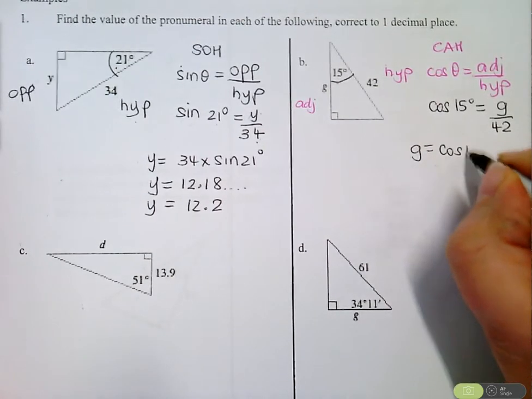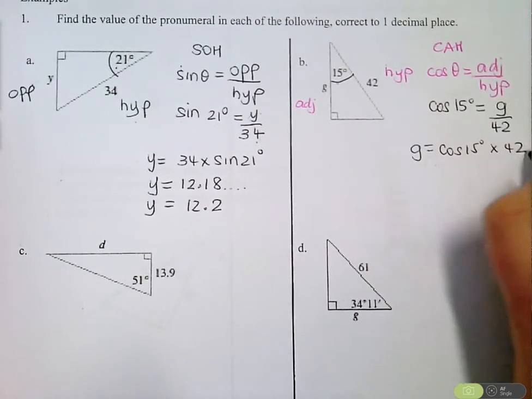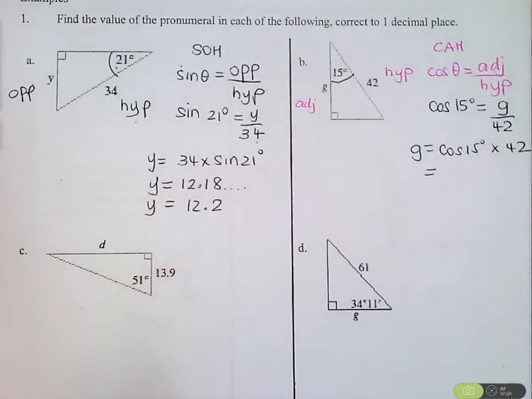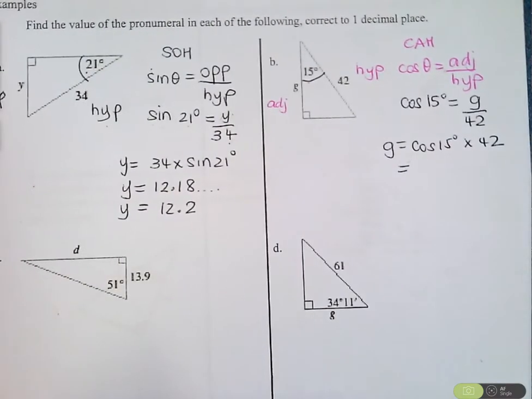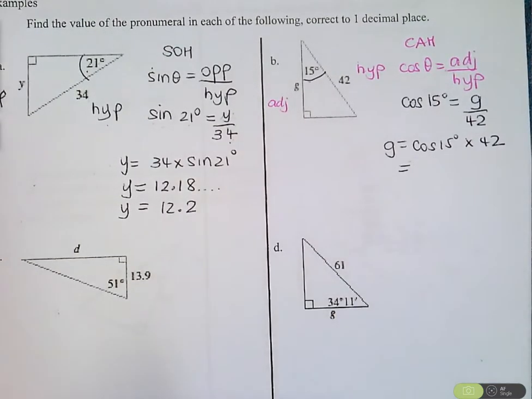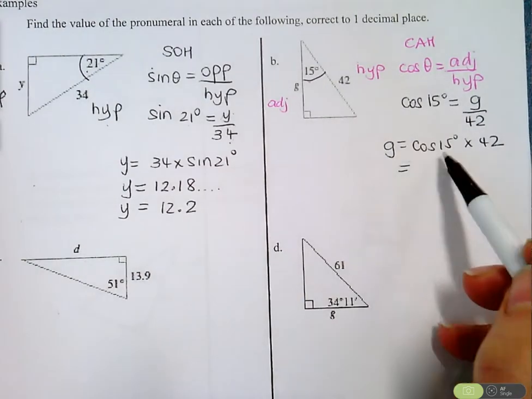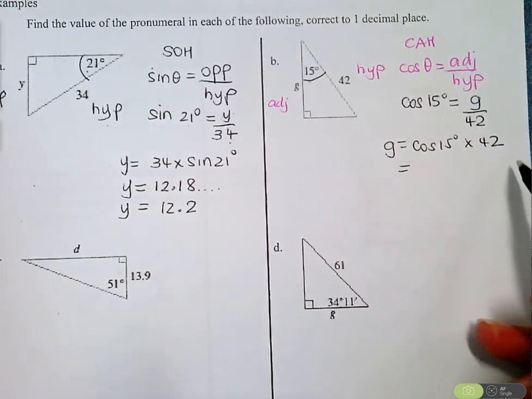You can go cos 15 times 42, but if you do it that way, please make sure that your calculator does not do the cos of 15 times 42, which is something like 600. I don't want you doing the cos of 600. I need cos of 15 times 42.